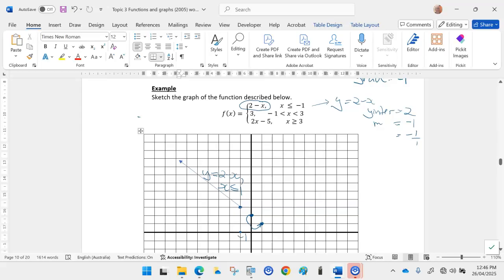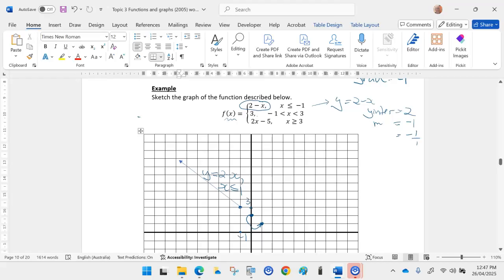Now the next we've got f(x) or y is equal to 3. Okay, now that's between values of -1, we were just there, and 3. So when x is equal to -1, y will also be equal to 3. So where does y is equal to 3 look like? Well, it's a horizontal line that goes through the y-axis at 3, of course.